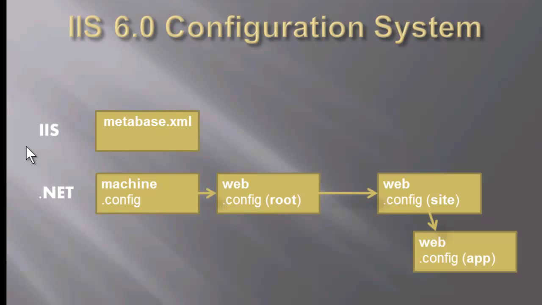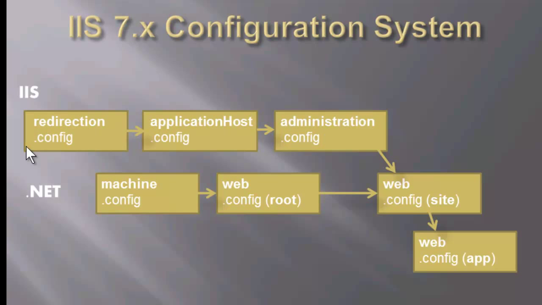As a result, we end up with this. Here's the configuration system for IIS 7.0 and later. You see there's two paths, and they're now merged into one. So .NET now becomes a first-class citizen, and what happens here is, with IIS, we start with this redirection.config file, which basically points to where these two next files live.